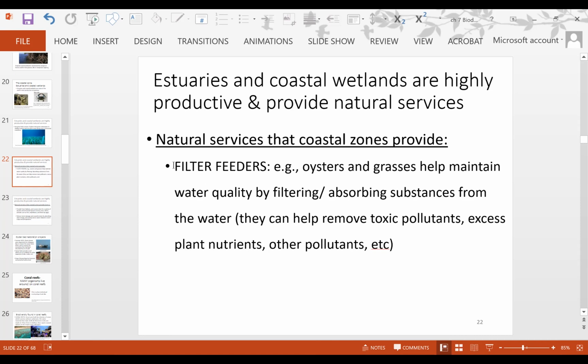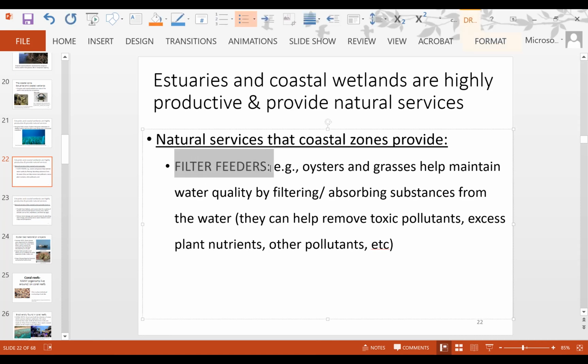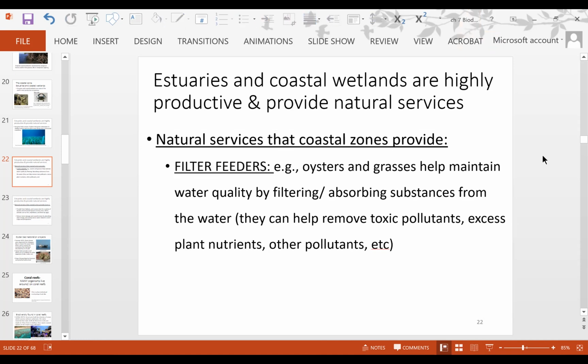So in this case, we have organisms called filter feeders. Filter feeders, for example, oysters, but also grasses, help maintain the water quality by filtering or absorbing substances from the water.